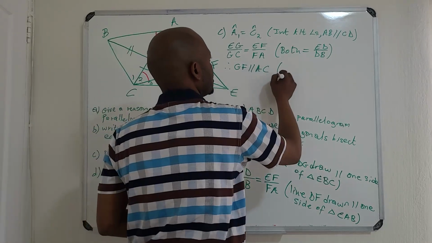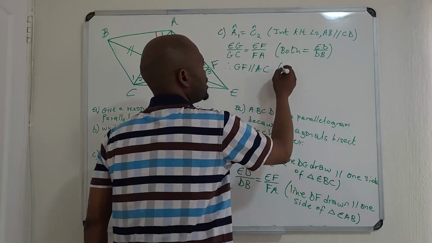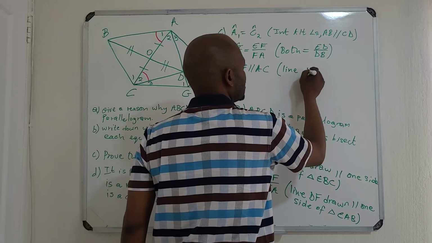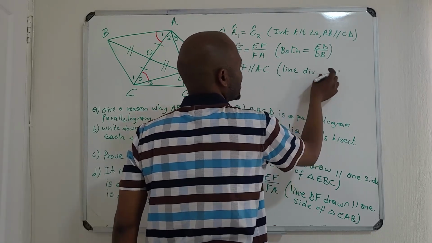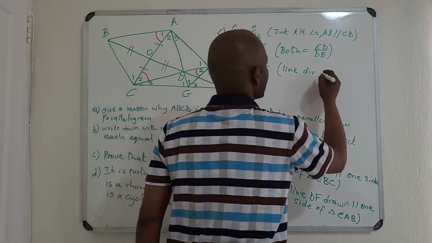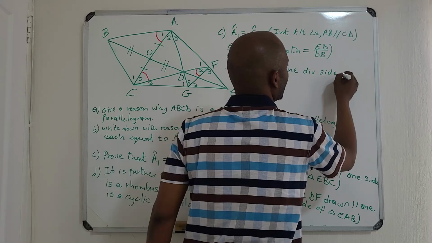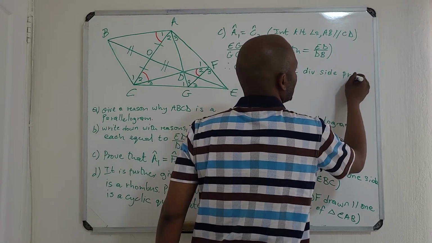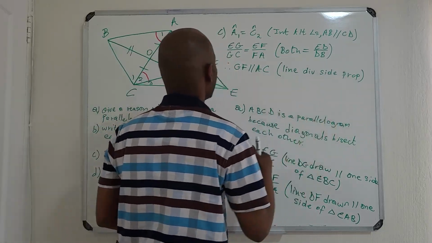Reason: line divides sides proportionally.